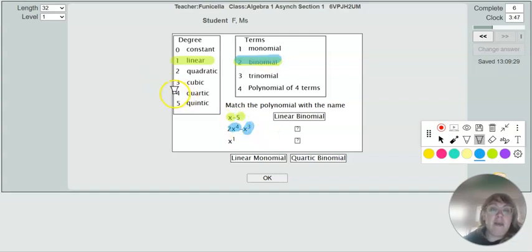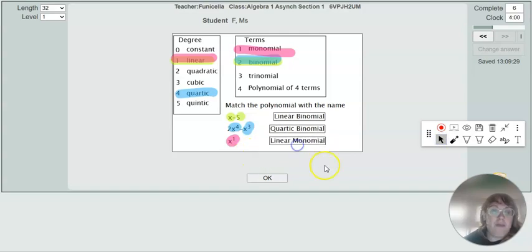And our highest exponent is a 4, so this is a quartic binomial. And then finally, we have an x to the first, so it's linear, and there's only one term, so it's a monomial. Perfect. Go ahead and plug that in and hit OK.